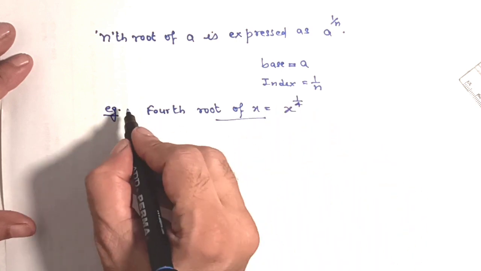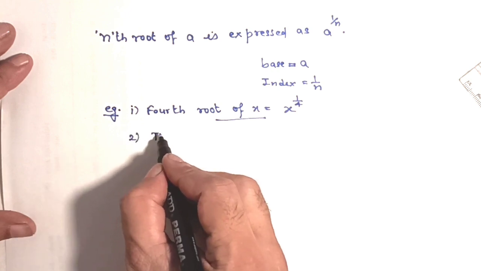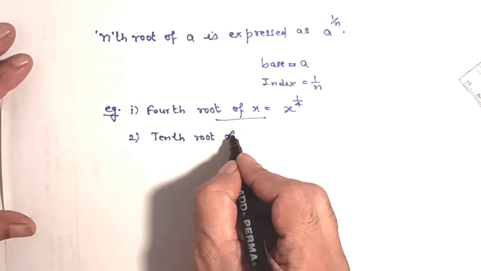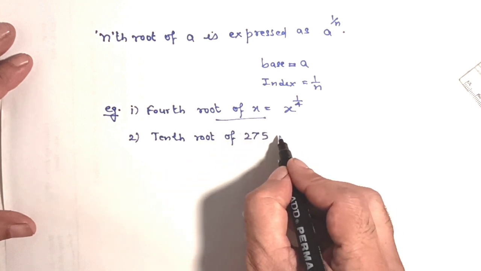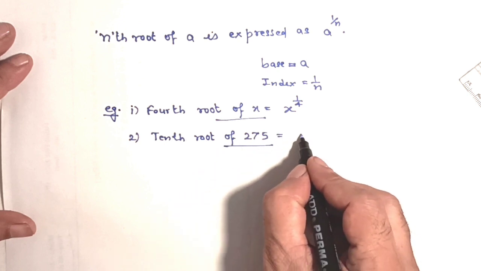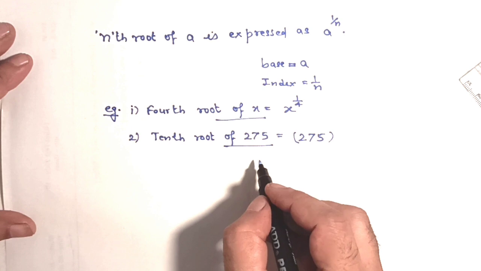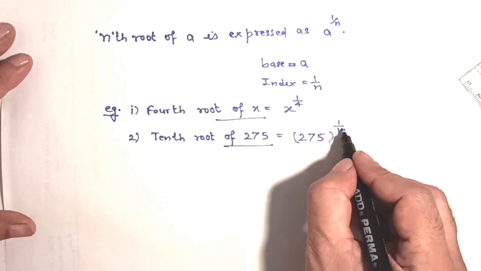This is your first example. Second, suppose I say 10th root of 275. So your base is 275. You write 275, you can write in bracket also. And then 10th root, so it is 1 upon 10.